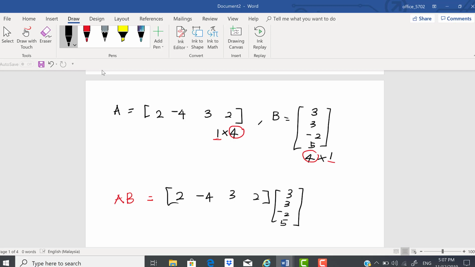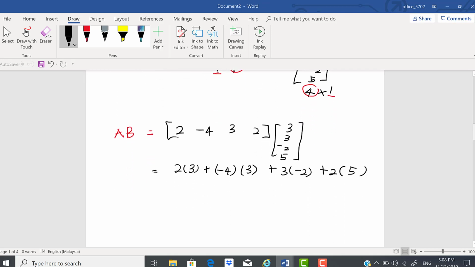So 2 times 3, then plus negative 4 times 3, plus 3 times negative 2, plus 2 times 5. Okay, then you will get 6 plus negative 12 plus negative 6 plus 10.